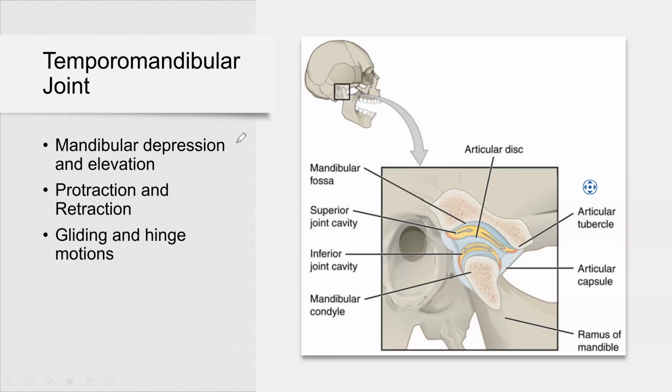This joint allows depression and elevation of the mandible, so you move the mandible up and down, protraction, anterior movement, and retraction, posterior movement, giving you gliding and hinge motion. Remember that most bones of your skull are connected by sutures. Sutures are thin synarthroses, so they are not movable joints. The only movable joint of your skull is the temporomandibular joint.